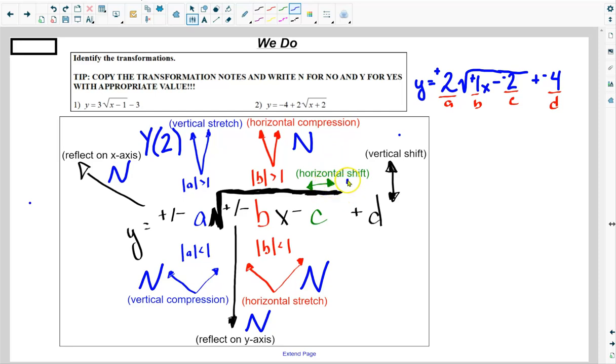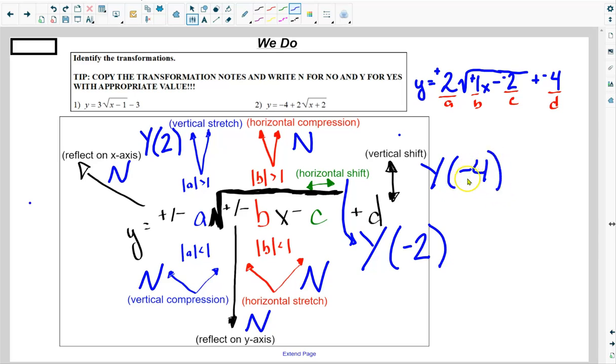This one's going to be a yes because of the negative 2. If I see this on your paper, I know exactly what you're thinking. You're going to be perfect. Then I come to D. Is there a vertical shift? Yes, because of the negative 4. This is going to definitely tell me that you've done everything and you understand everything perfectly. So make sure that with the yeses, you tell me why it's a yes. And that's it, guys. All the other ones will be like this or easier. Catch you in class.